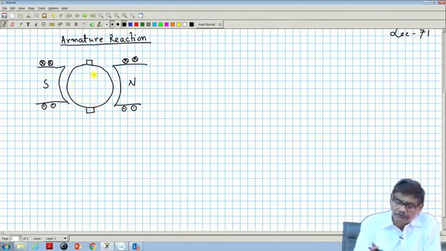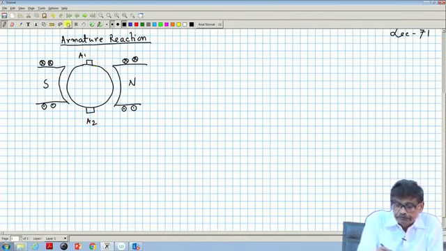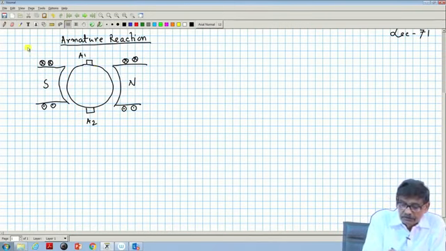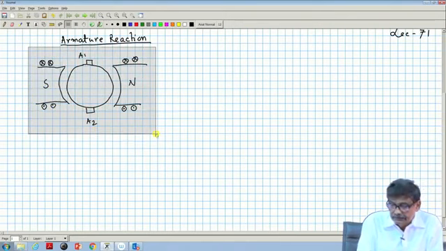That is how it will be carried out, and this is your armature, armature terminal, sorry. I will just copy this down because many times I have to sketch this.